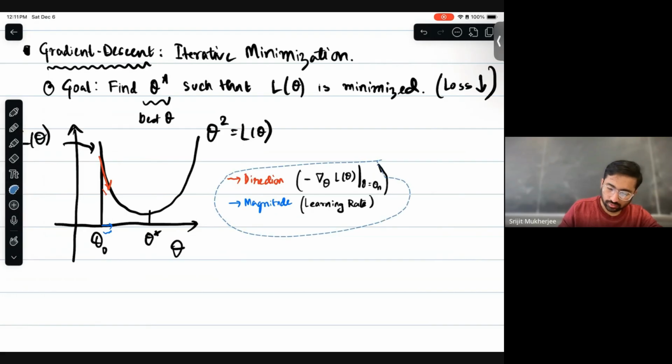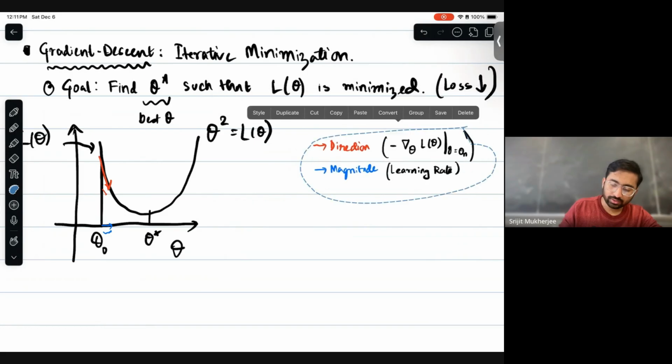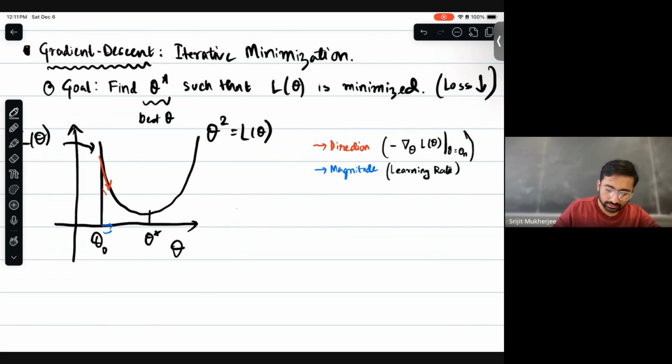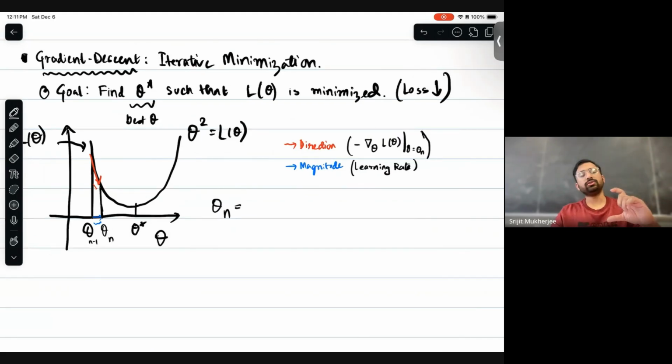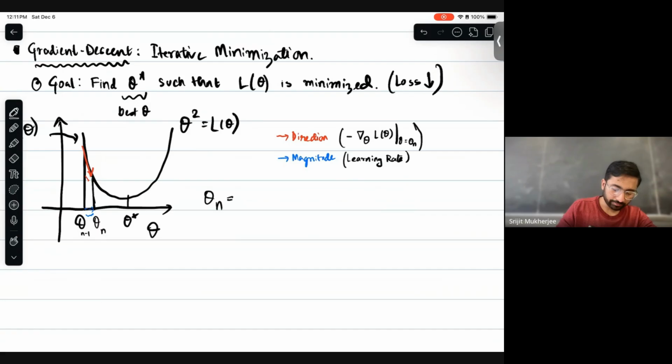This is a basic idea, and mathematically it's written as follows. So for example, you will go here, theta 1, let's say. So theta n is defined as theta n minus 1 minus the learning rate.